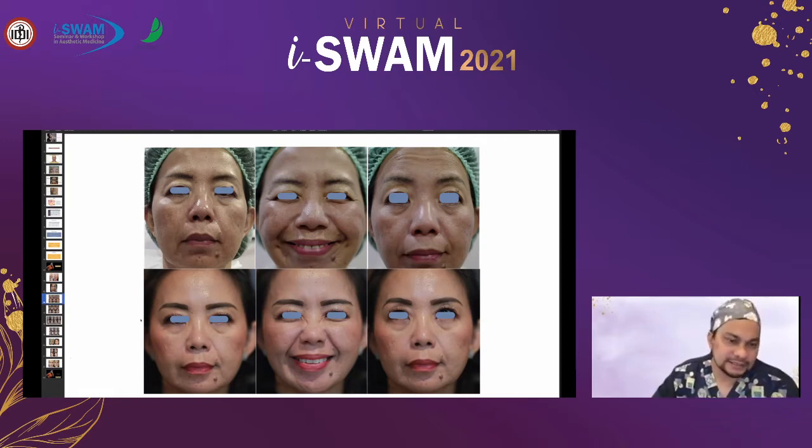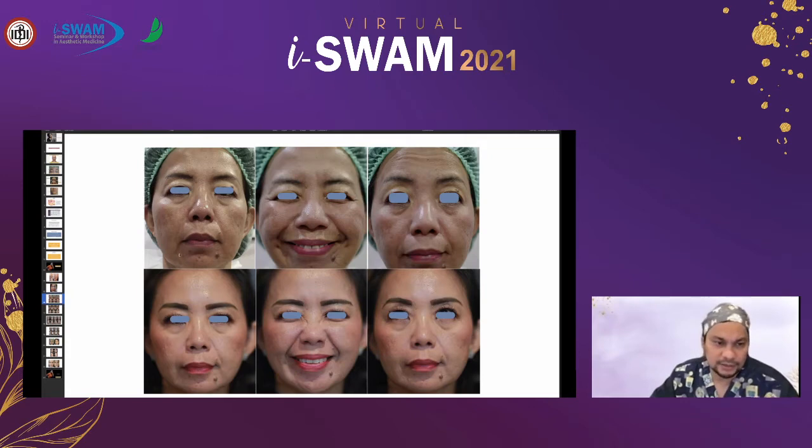Yes, this is the example. Take a look at her mouth. The lateral part of her lips is going down, right? Can you see this angle?